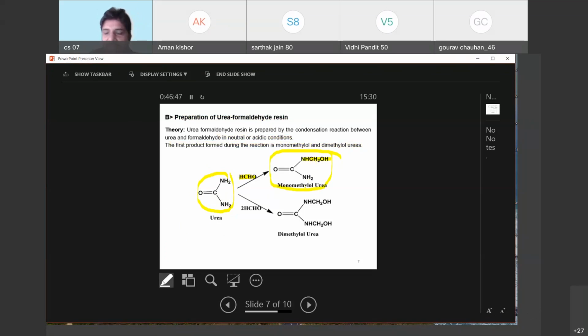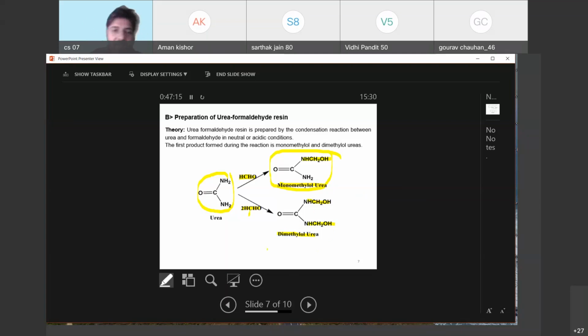This is monomethylol urea. And in a similar way, two molecules of formaldehyde, that is HCHO, can react with urea to give you dimethylol urea, that is NHCH2OH on both sides. So this way, urea reacts with formaldehyde.